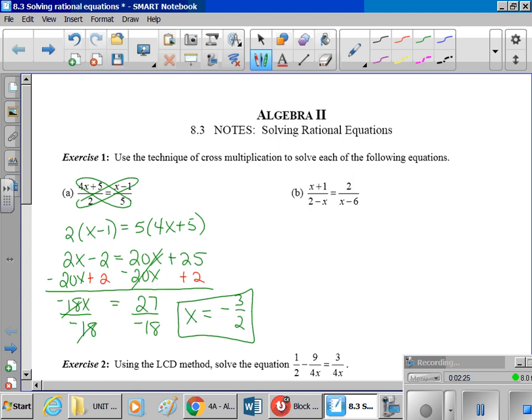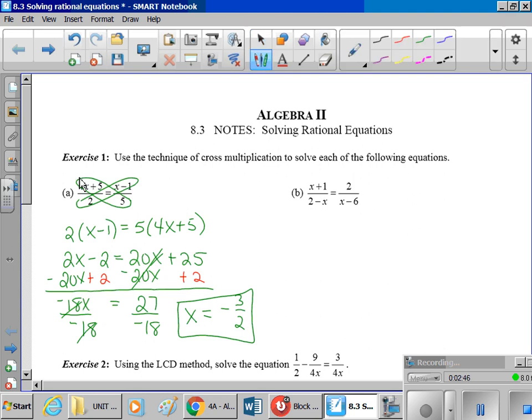So, in letter B, we have to be also concerned with a couple of things. These are rational expressions, which means that in our denominator, we do have values of x that will make this undefined. So before I even start anything, I start asking myself, what values of x make this undefined, that it absolutely can't be?